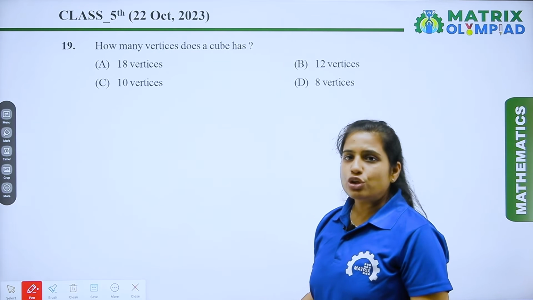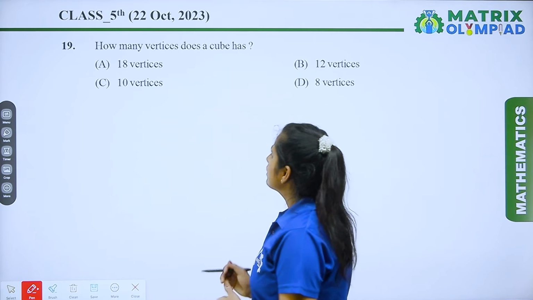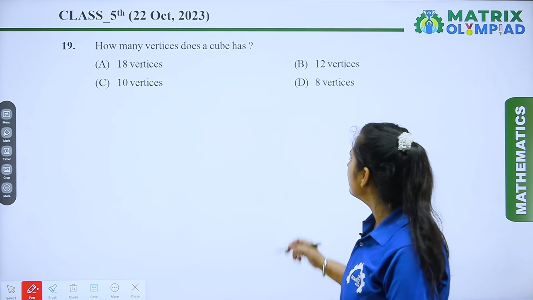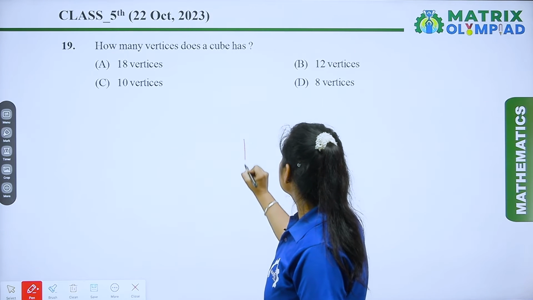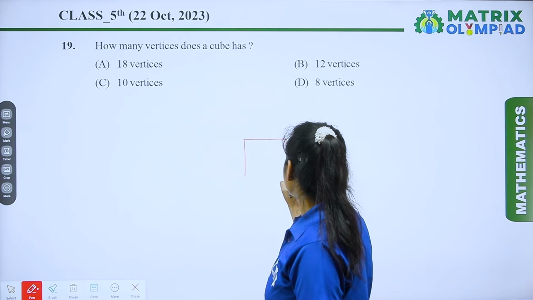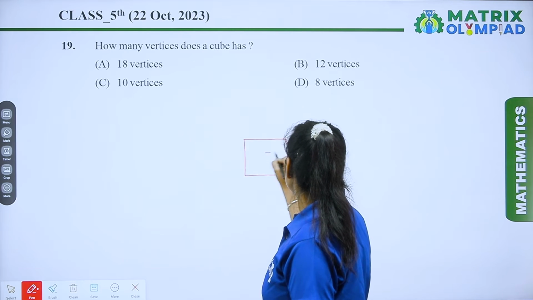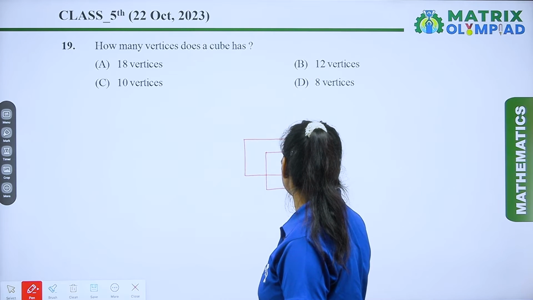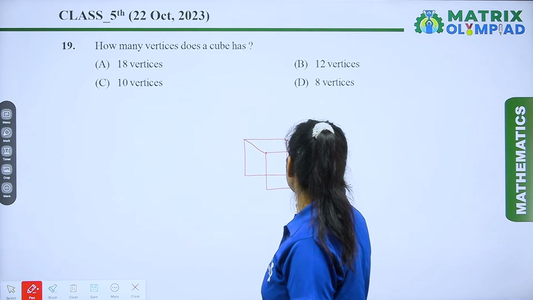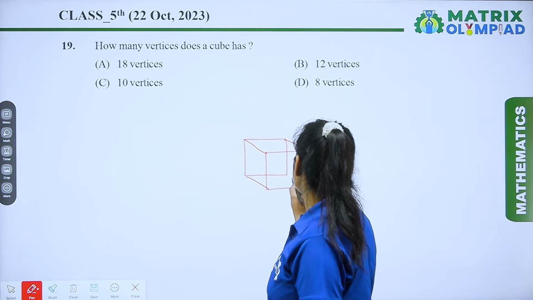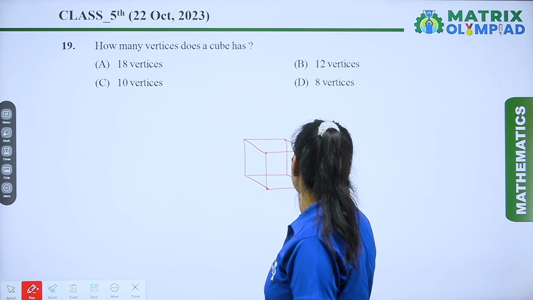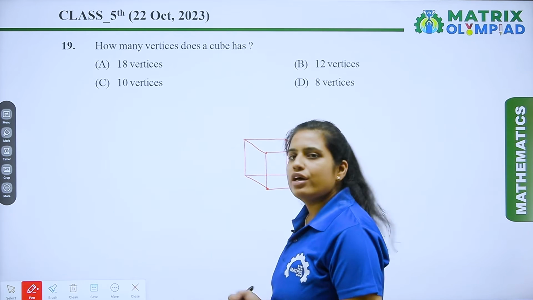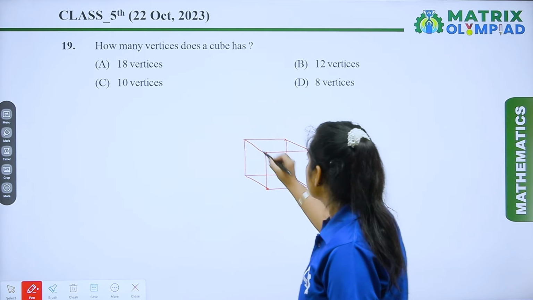Now the next question is question number 19. How many vertices does a cube have? So here we have to count the vertices.